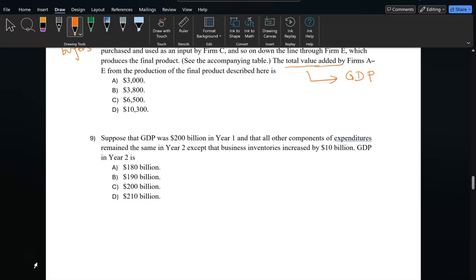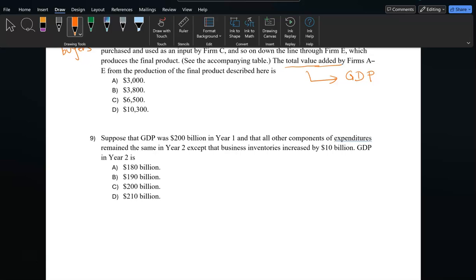All right, moving on to question number 9. So this question is saying GDP was 200 billion in year 1 and all the components of expenses remain the same in year 2, except that business inventories went up by $10 billion. So we have to find out the GDP in year 2. So the inventories went up by $10 billion.